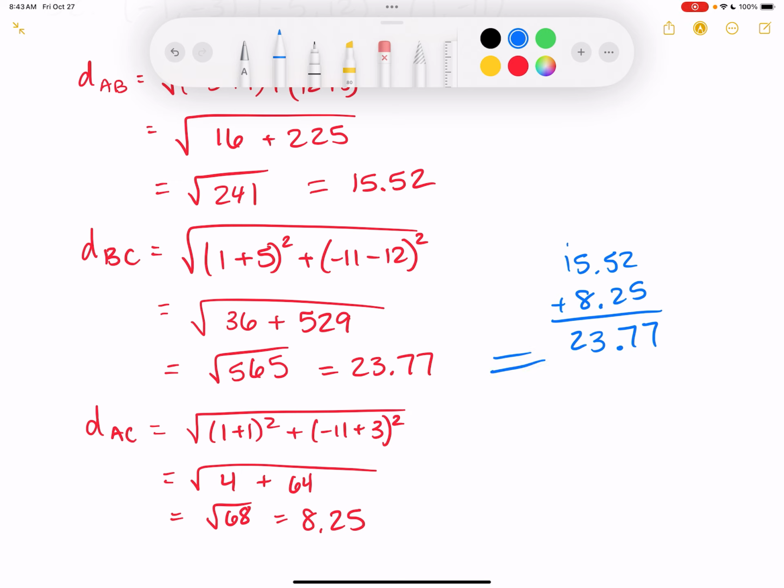Those are equal. So these are collinear. And if they came out to not be equal, then it's not.